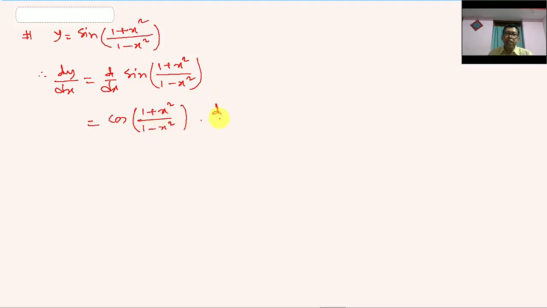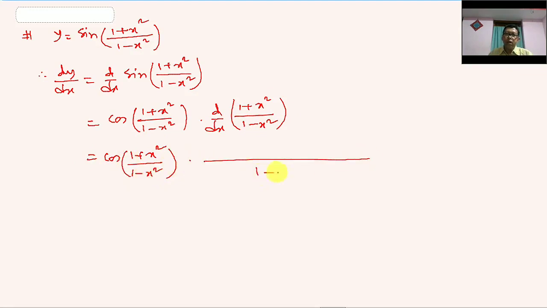Now the next chain is d/dx of 1 plus x square upon 1 minus x square. So cos of 1 plus x square upon 1 minus x square, and the derivative of this one is 1 minus x square whole square in the denominator as usual. The derivative of numerator will be only twice x, so write twice x into 1 minus x square, minus 1 plus x square into derivative of the denominator, and the derivative of denominator is minus 2x, so write minus 2x.